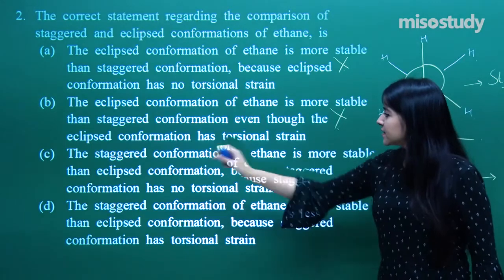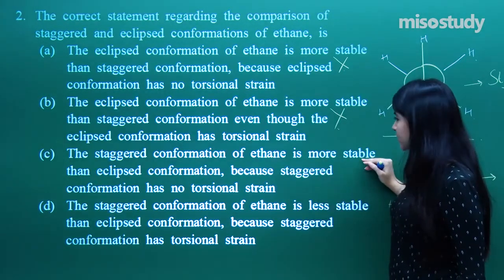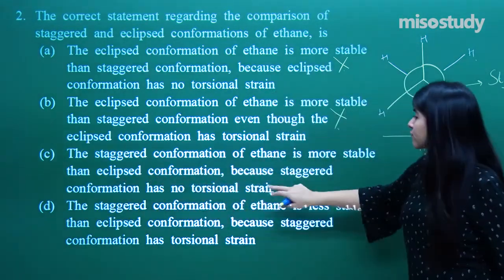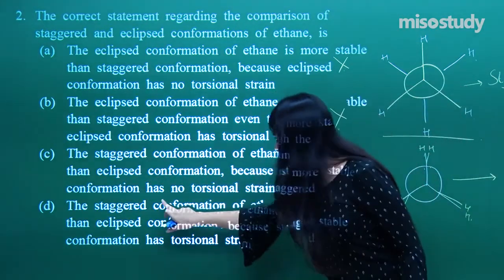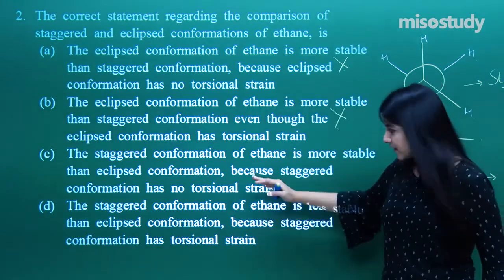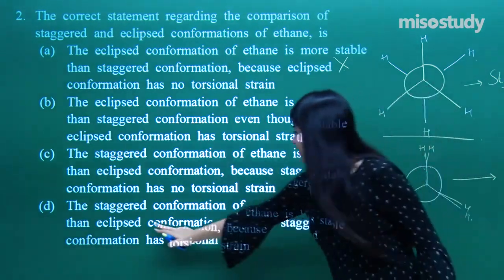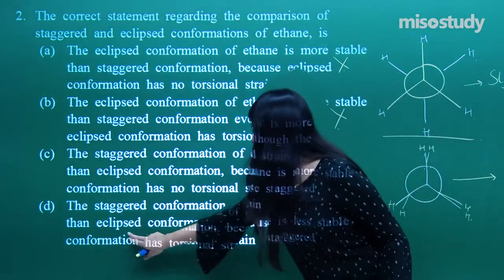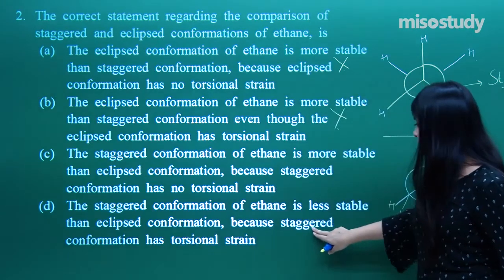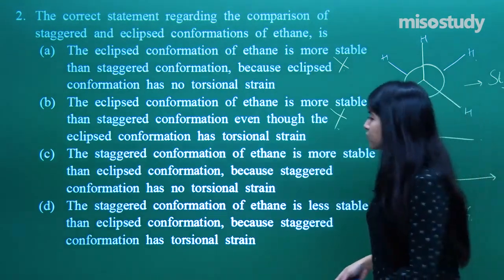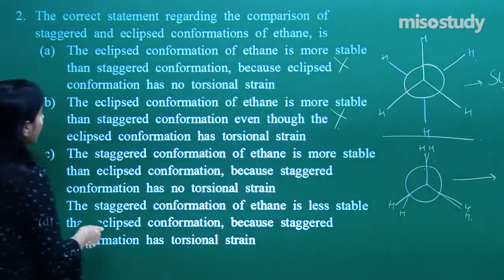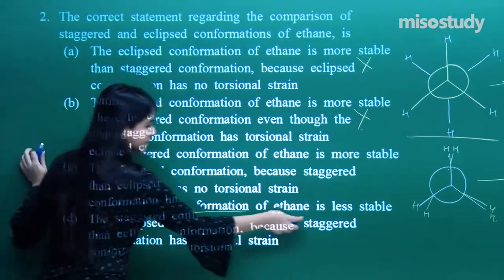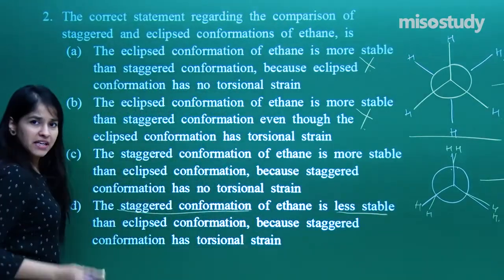What I have next: the staggered conformation of ethane is more stable than the eclipsed conformation, because the staggered conformation has no torsional strain. Yes, that is definitely true. Let us look at another option: the staggered conformation of ethane is less stable than the eclipsed. Is it?